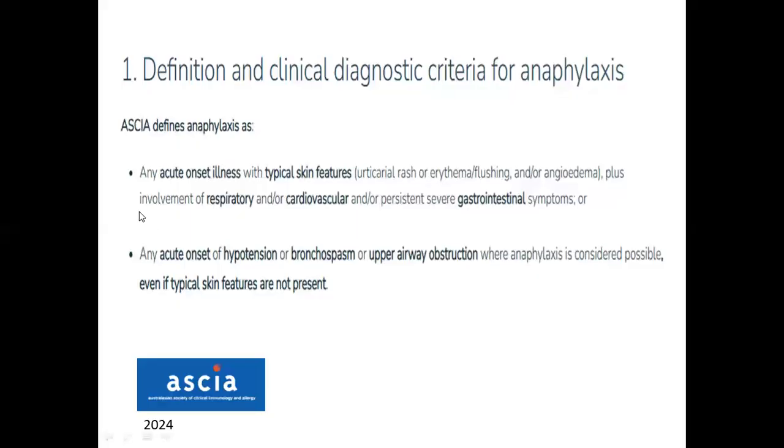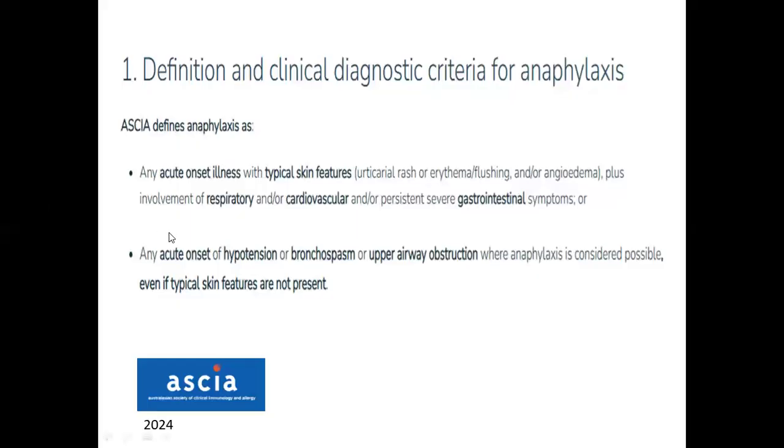The first is any acute illness with typical skin features and involvement of respiratory, cardiovascular, or gastrointestinal symptoms, right? That means skin plus respiratory, or skin plus cardiovascular, or skin plus GIT, that is anaphylaxis, right?